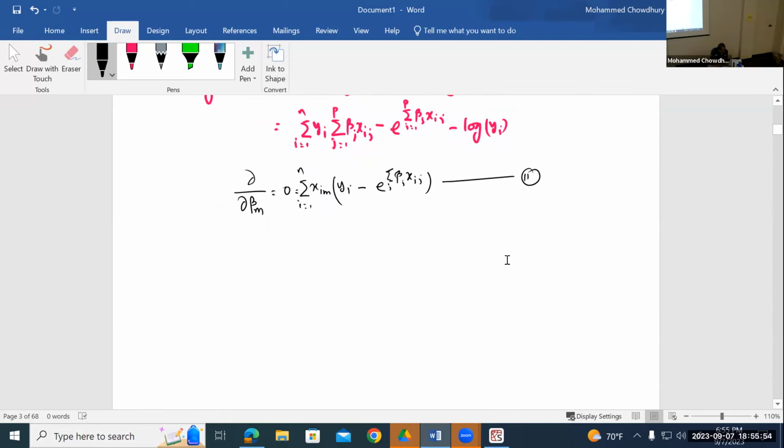After that, equation 2 will be solved numerically by using the Newton-Raphson method.